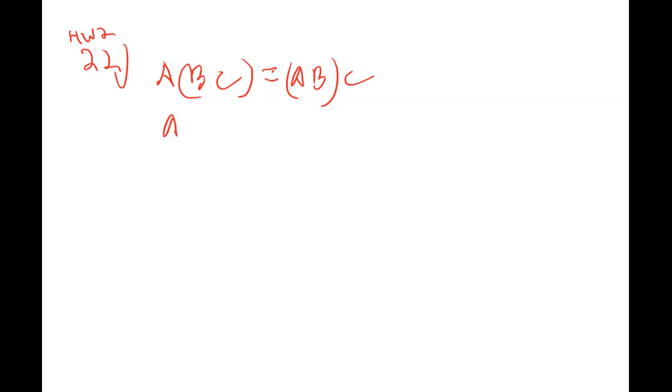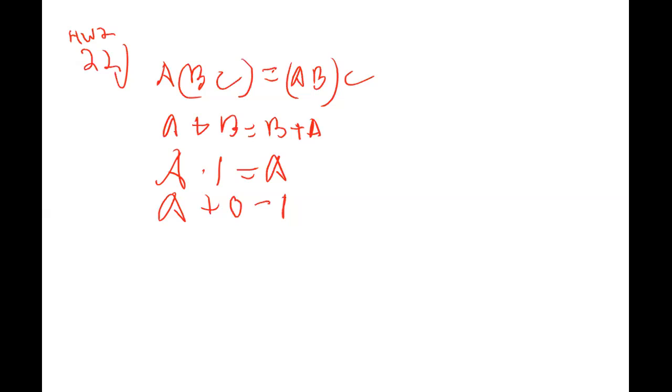Commutativity says A or B equals B or A. So that doesn't sound right. Can't be the commutative law. Identity says A times 1 is equal to A, A or 0 is equal to A. So that's identity. So it's not that one.